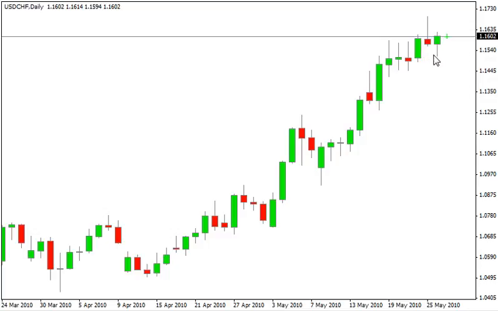So this might cause the pair to turn around and have a correction, but the bias is sideways to up at this particular time, but we'll just keep an eye on it. Look for this pair to go as high as 1.1726 and as low as 1.1478, with some support around 1.1592 and some resistance around 1.1652.